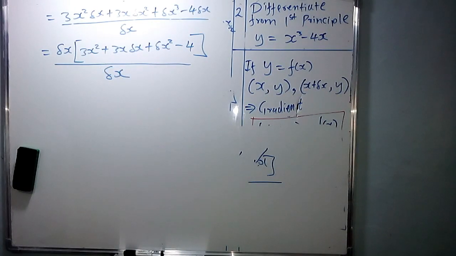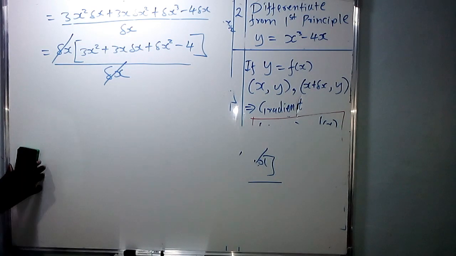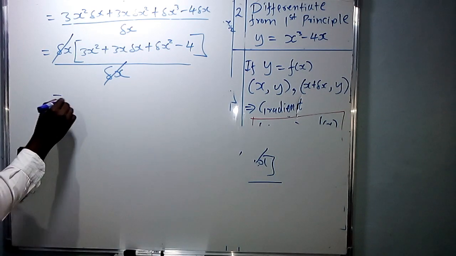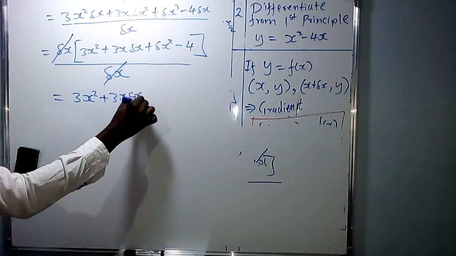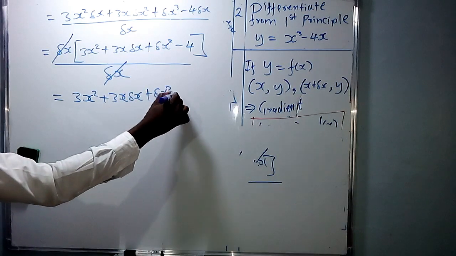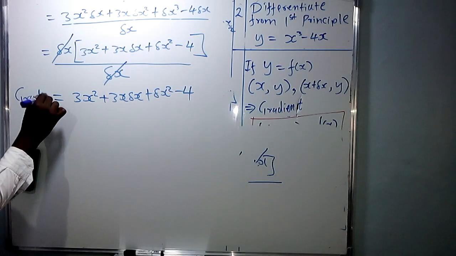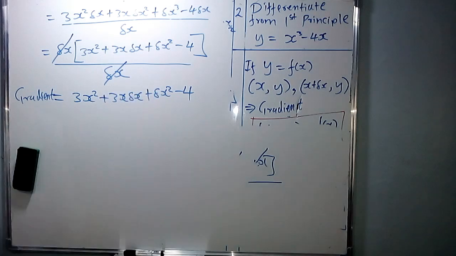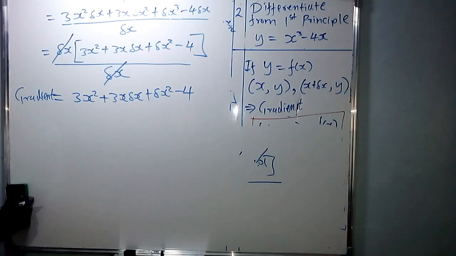Then the whole of that is over change in x, so change in x cancels out with change in x. So what do we remain with to be the gradient? 3x squared plus 3x change in x plus change in x squared minus 4, isn't it?